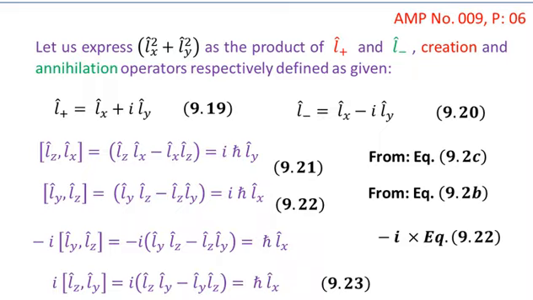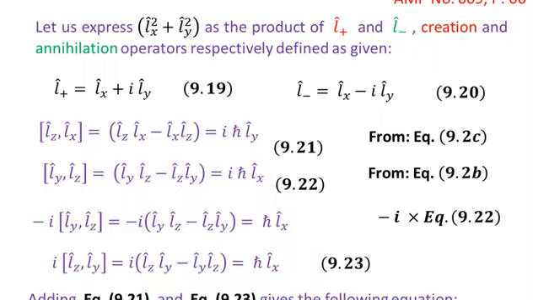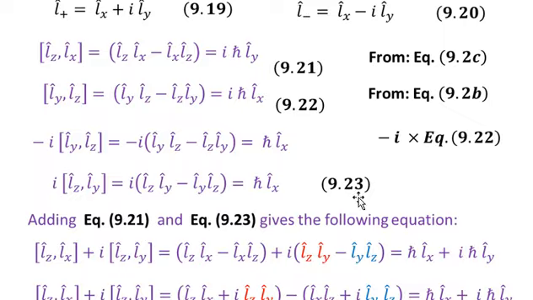The simplified version of this equation is shown in equation number 23. So I have i times the commutator of Lz and Ly is equal to i times (Lz Ly − Ly Lz), and on the right hand side I have ħ times Lx.